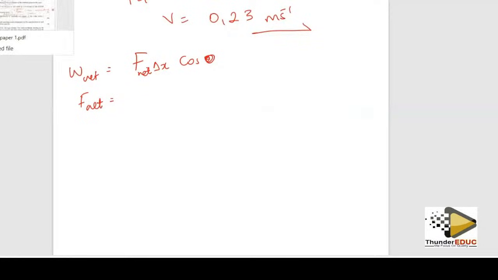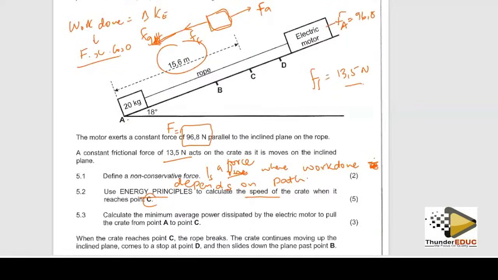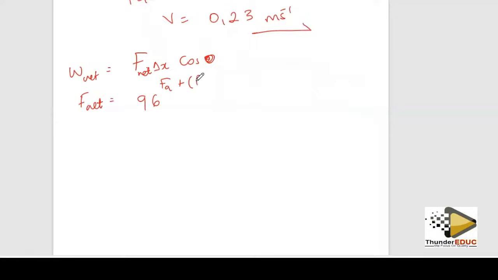I'm going to have the 96.8. Why don't I just call it the force applied first? Plus, we can see the frictional force that is acting in the opposite direction, and then plus the FG parallel that is also acting in the opposite direction. So I'll just attach the negative signs because they are working in the opposite direction.